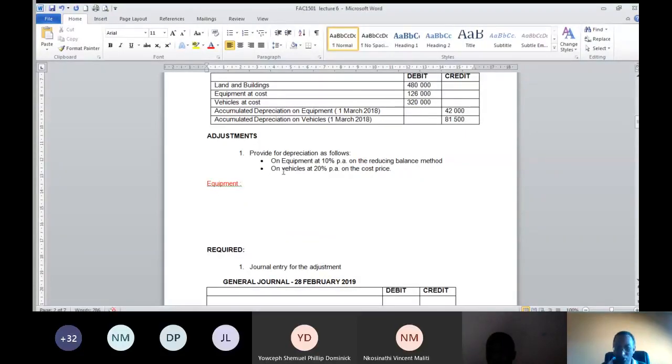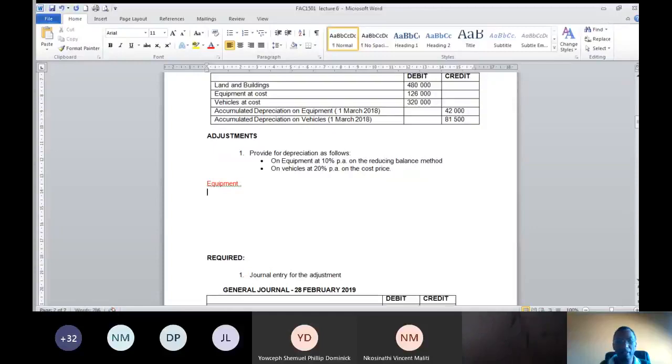My adjustment tells me that the depreciation on equipment must be calculated at 10% per annum on the reducing balance method. Remember the reducing balance method? Some questions will refer to that also as your diminishing balance method or carrying value method.